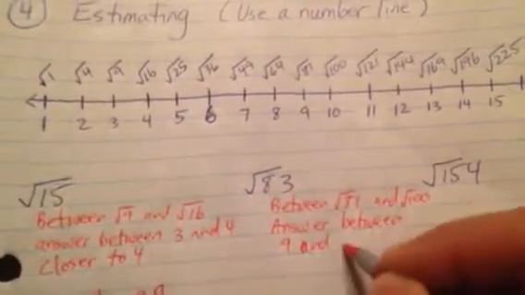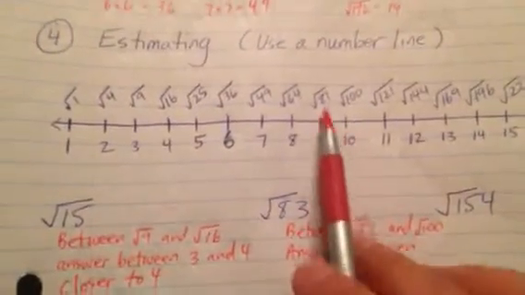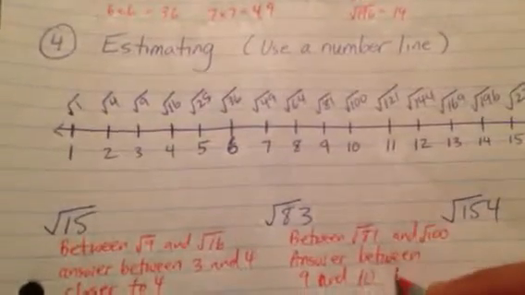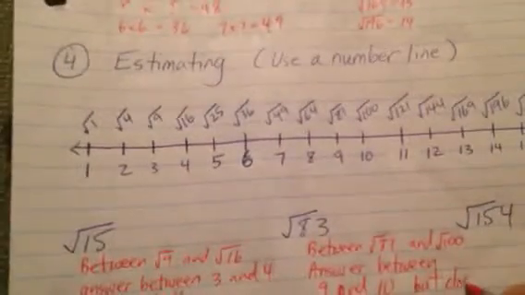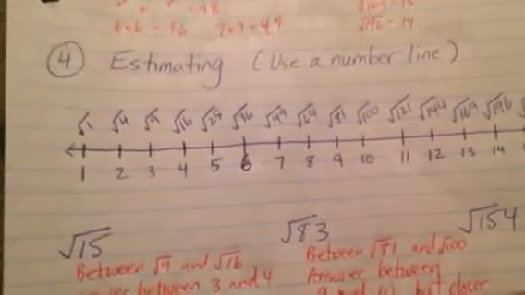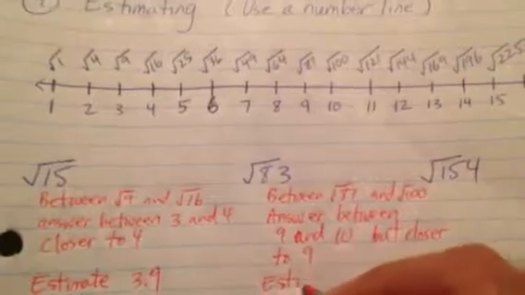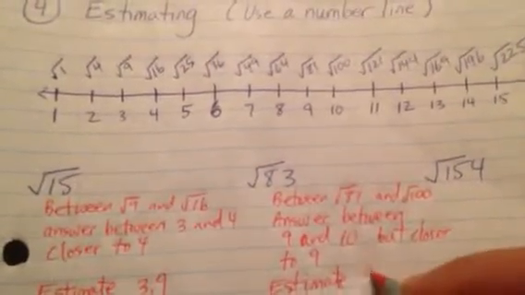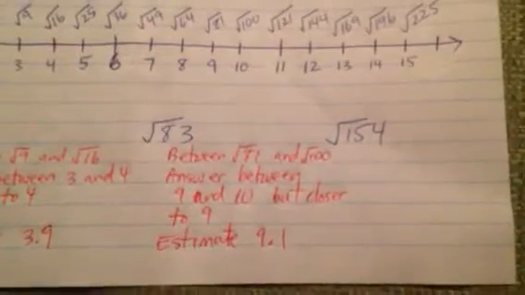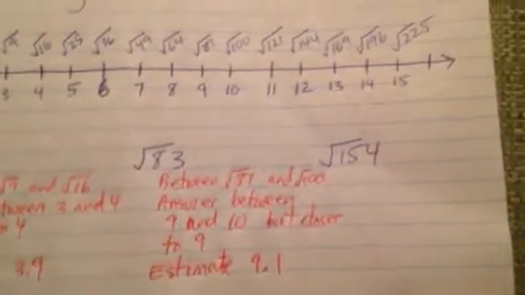But I know that it's closer to 9 because it's just past 81. So I'm going to take a guess. Something like 9.14 or something like that. So my estimate, maybe even less. I'll stay safe and go 9.1. So you want to try to get as close as you can.